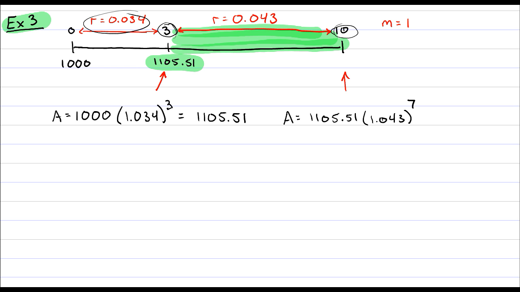Dave's money will be in the second account for 7 years total. So, I can calculate that number, and I get 1484.40. So this is how much Dave has in the account at the end of 10 years.